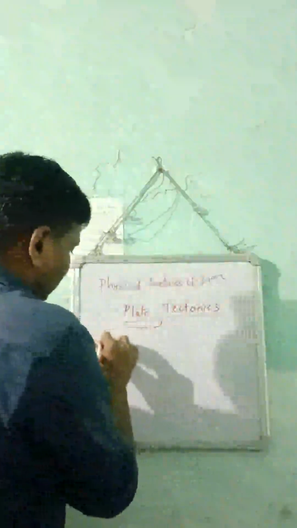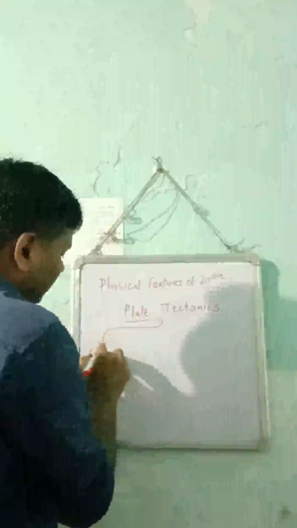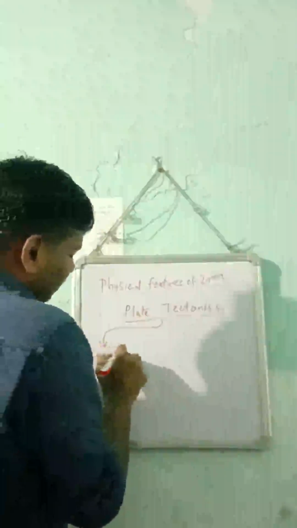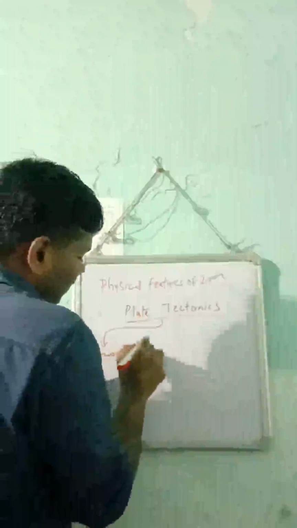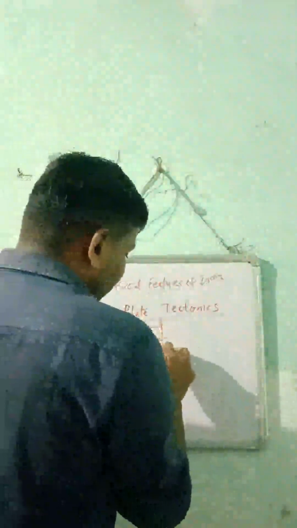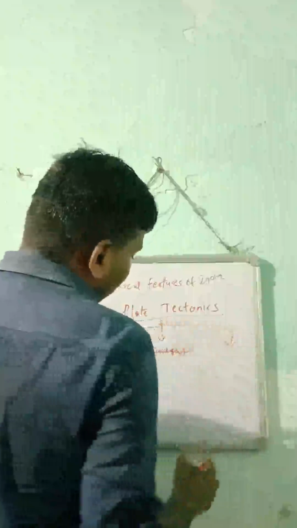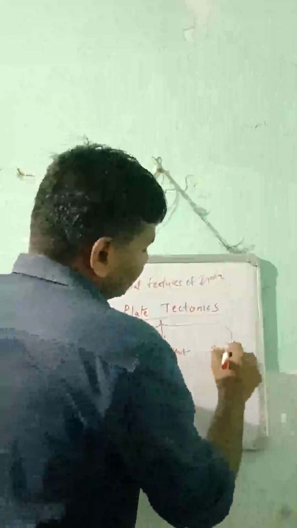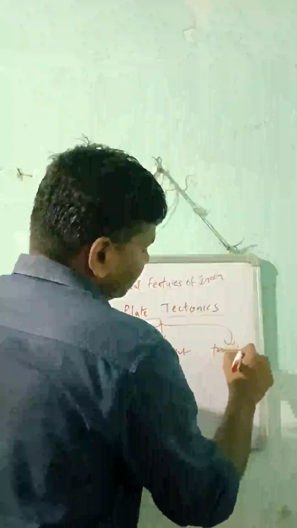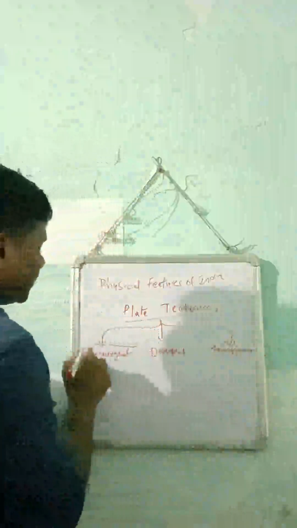One is convergent plate boundary, next divergent plate boundary, and transform plate boundary. Convergent means two plates will converge. This is called a convergent plate boundary.